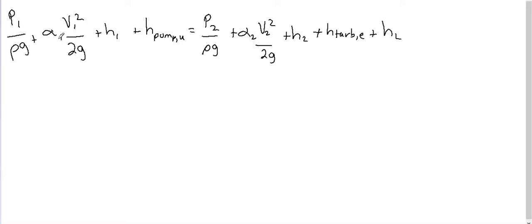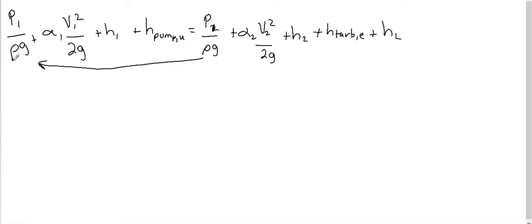So now let's look term by term and see what we've got here and see what maybe we don't even include. So if P1 is equal to P2, and we bring this term over to the other side, we're going to see that they subtract off each other and go to 0.